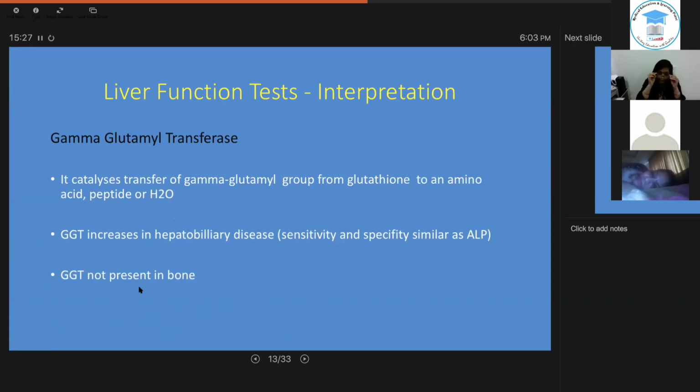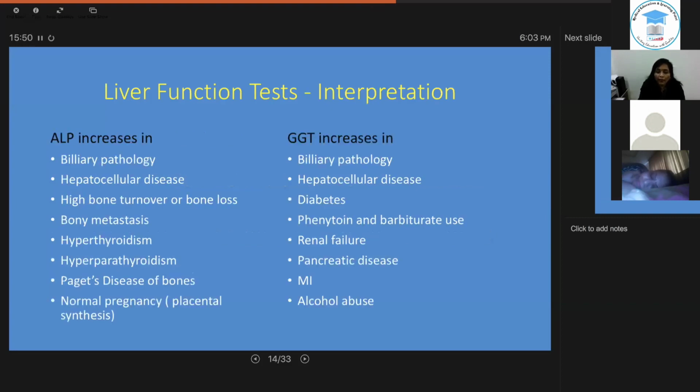So whenever we see raised alkaline phosphatase in a patient, then to assess if the origin of that raised alkaline phosphatase is from liver or some extrahepatic source, in those cases, getting GGT done gives us a lot of information and we can tell what is the source of alkaline phosphatase.